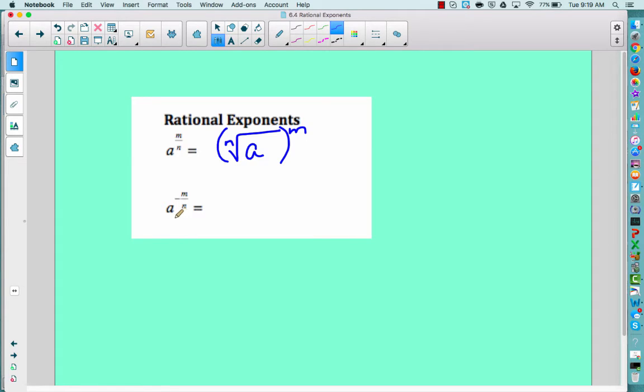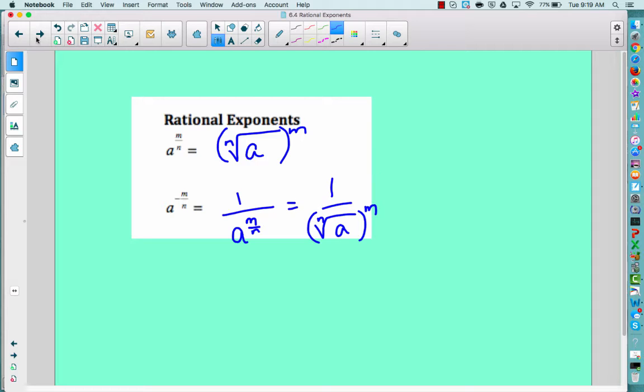So the first thing we want to remember is that if it's a negative exponent, we flip it, so we bring it down. In this case, we're going to bring it down to the denominator, so we have a to the m/n. And then if we were going to write that as a root, its definition really means 1 all over the nth root of a to the m power.